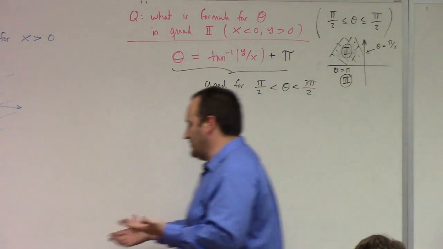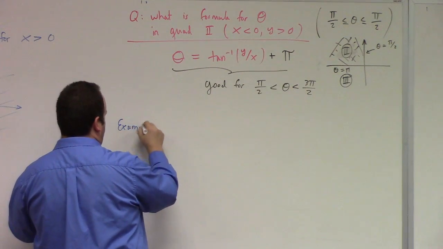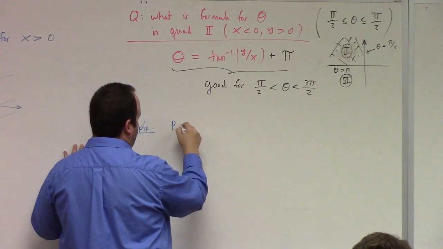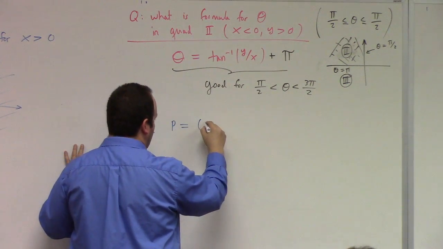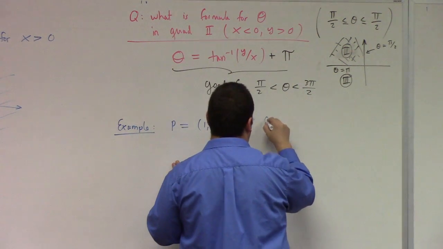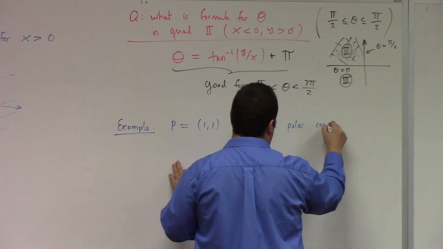All right, let's look at an example here, just to warn you guys about the ambiguities. So if I have the point (1, 1), then find polar coordinates.